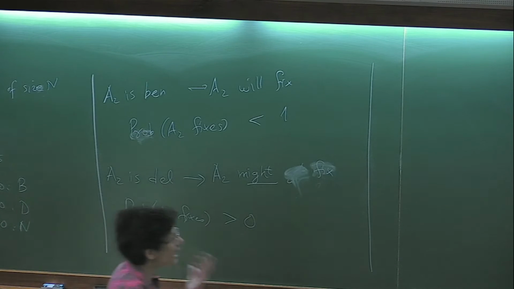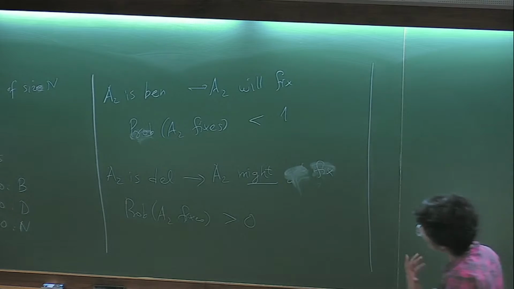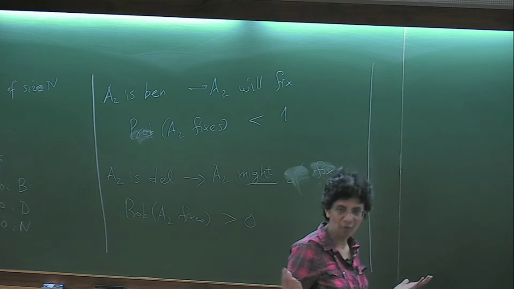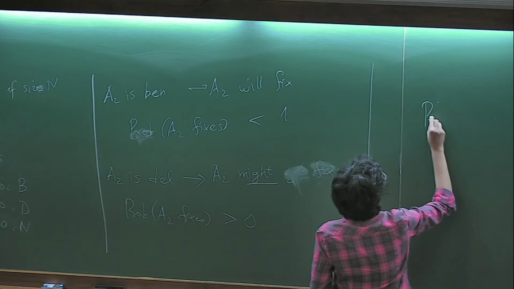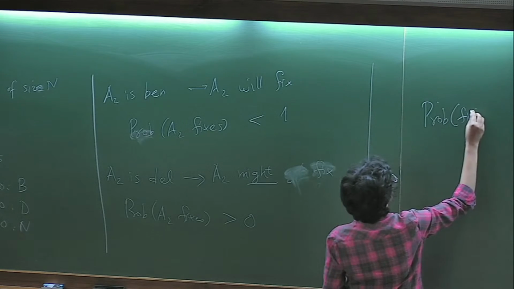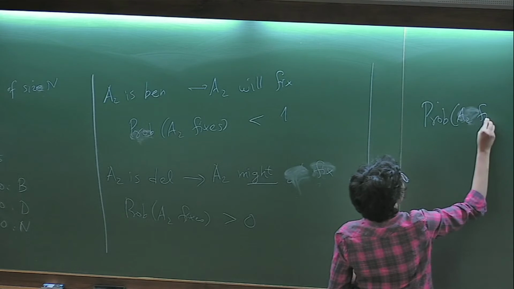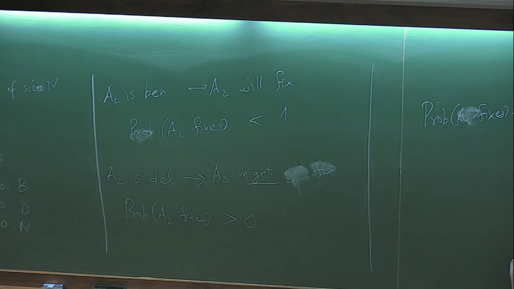Okay, and there's a nice, slightly complicated, but it's still a very classical, famous formula in population genetics for the fixation probability. So I'll write this formula for you.